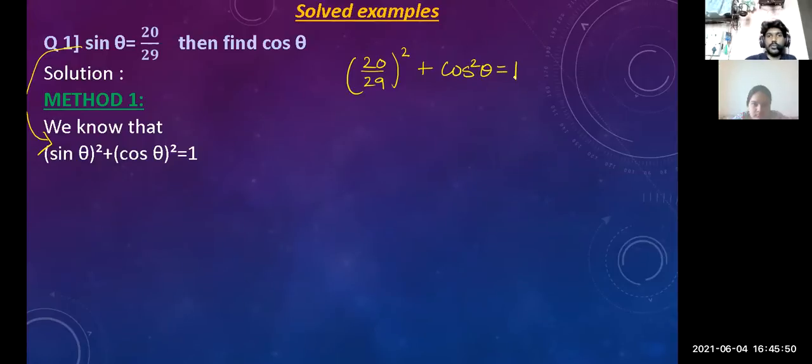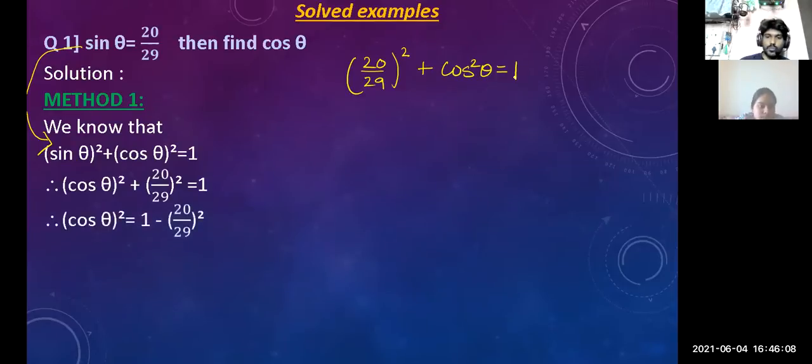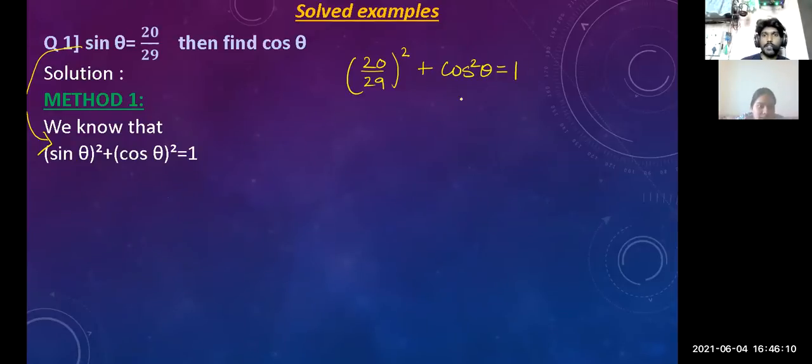Is this sum clear up to here? Yes or no? Okay. So we actually do 20 square upon 29 square.